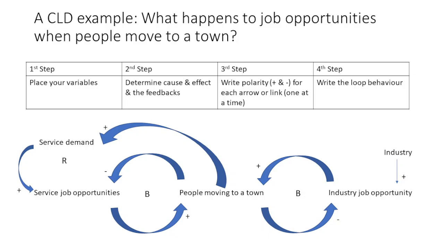In this case, he suggested a problem as an example which you want to understand: what happens to job opportunities when people move to a town? So you want to know what happens to jobs if people move into a random town, which in reality happens all the time.